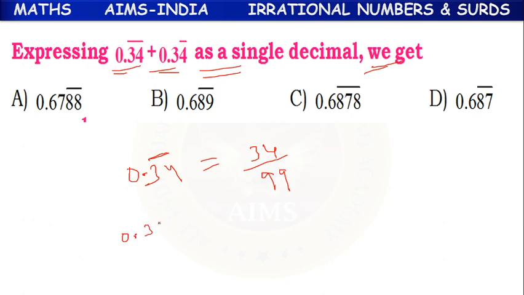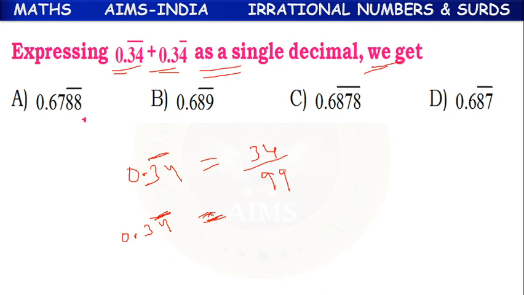Now how to write 0.34 with a bar only on the 4? Here only one digit is repeating.